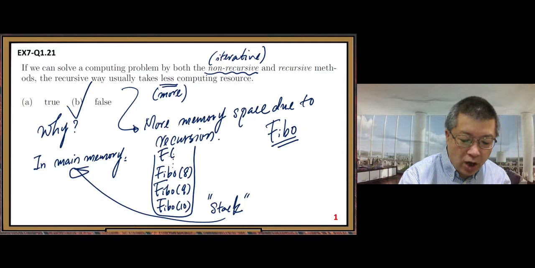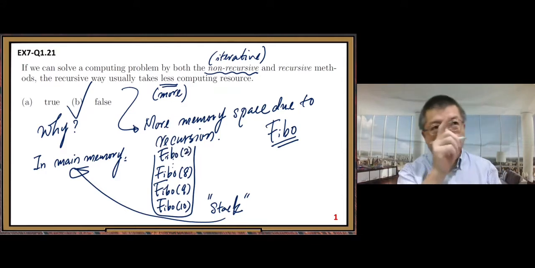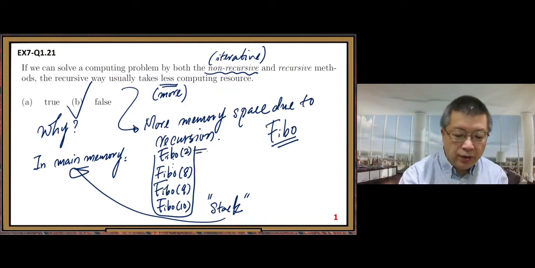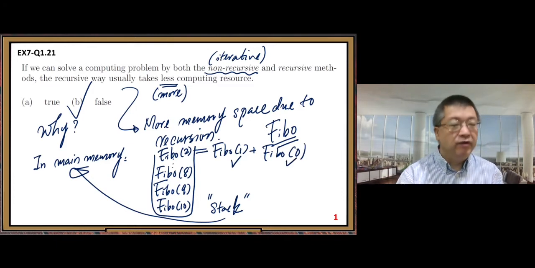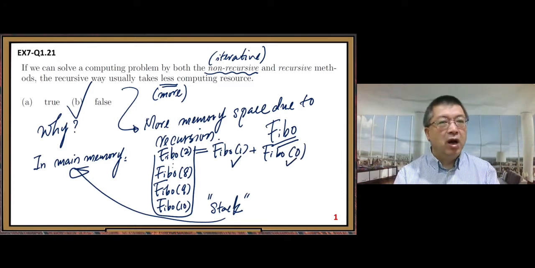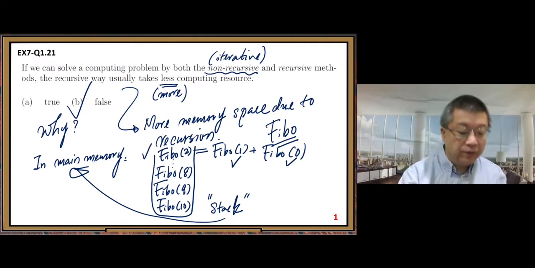Until you reach the top, fibo of 2. When you calculate fibo of 2, you know, because you have the formula, fibo of 1 plus fibo of 0. These 2 values are given, so you can find the fibo of 2.